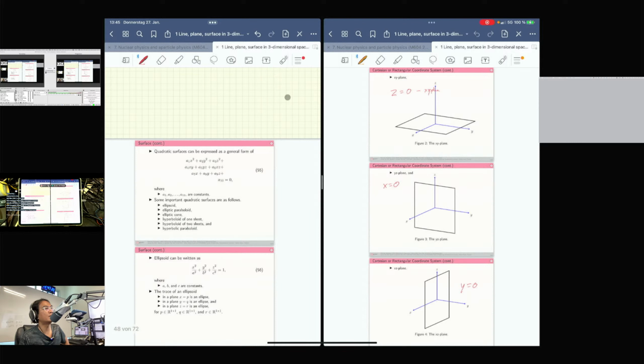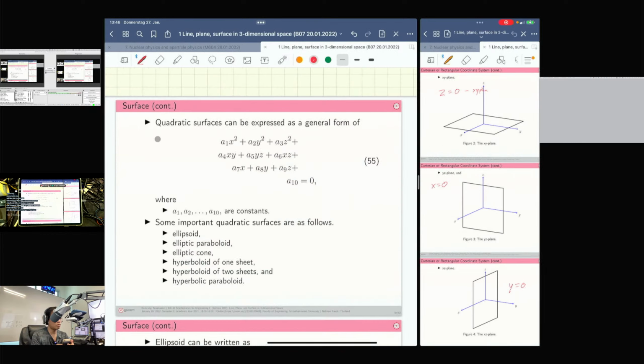Okay, for simplicity, we will look at the quadratic surface at this level, right? Surfaces could exist in many ways, but the most important one is the quadratic one. The more sophisticated ones also exist, but we will not talk about them.